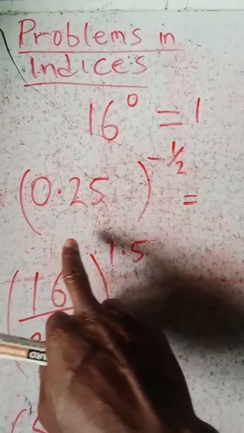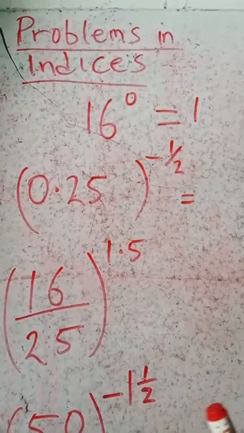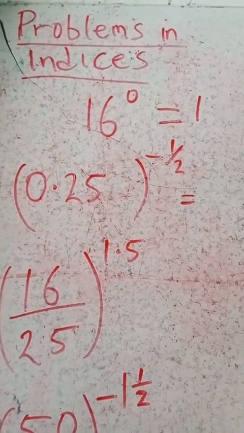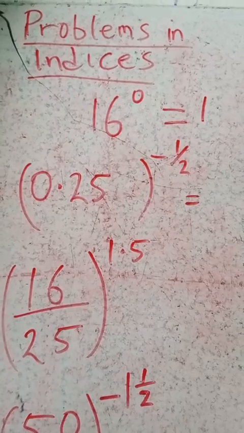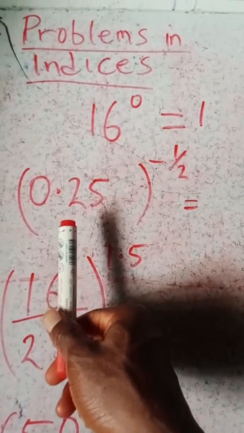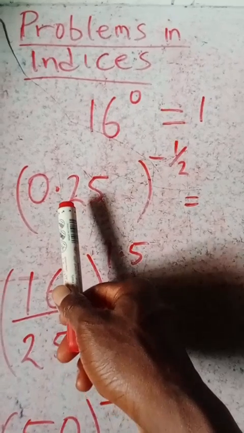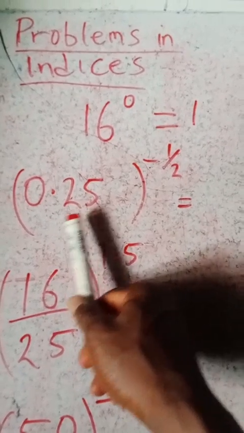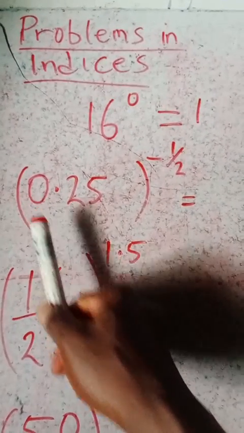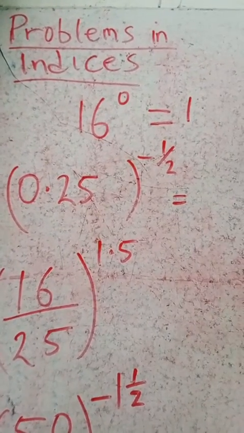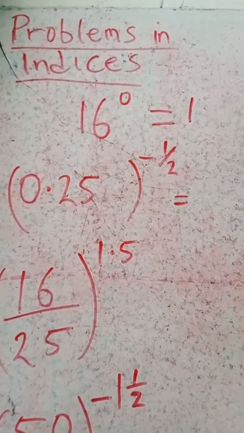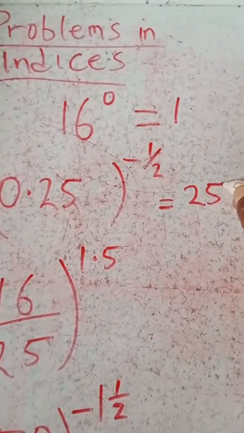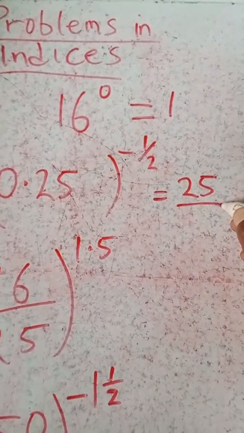In converting 0.25 to a fraction, what we do first is write the significant figures. The significant figures here are 2 and 5. 0 is not a significant figure, because it's nothing. So we write 25 all over what?